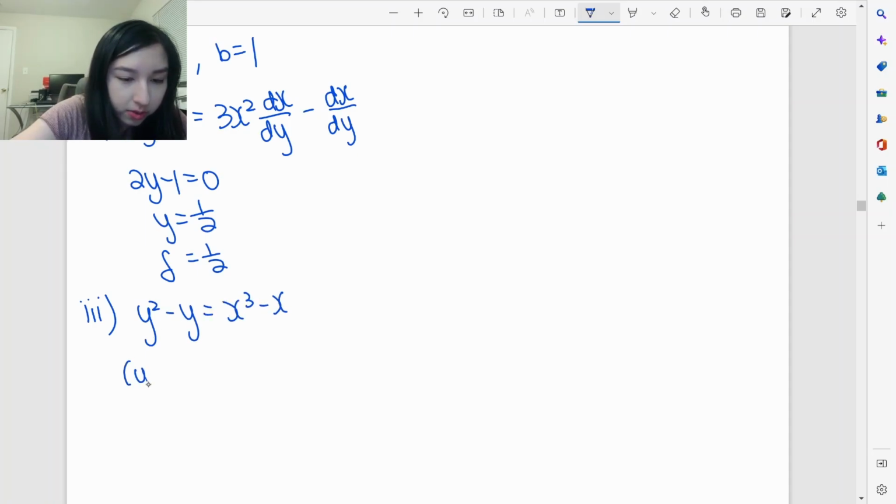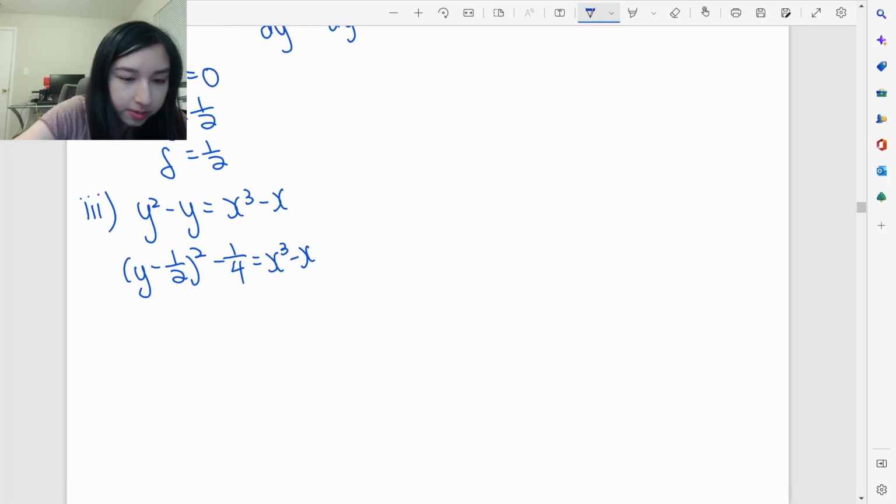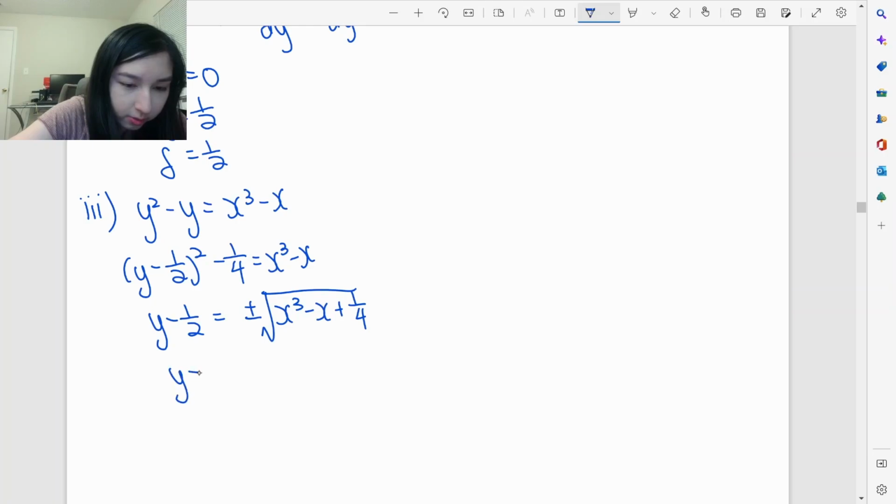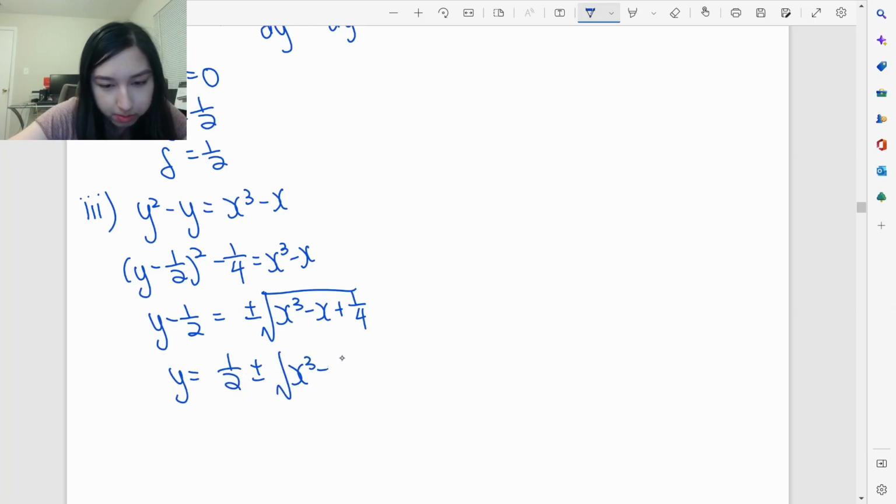If we complete the square here, y minus 1/2 squared minus 1/4 equals to x cubed minus x. Y minus half equals to x cubed minus x plus a quarter. Square root of that with a plus minus sign. Y equals to 1/2 plus minus square root x cubed minus x plus a quarter.